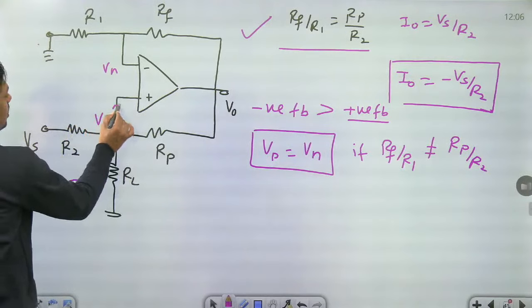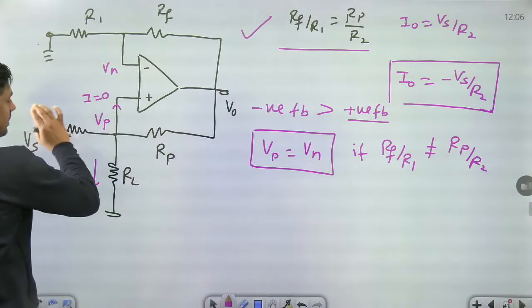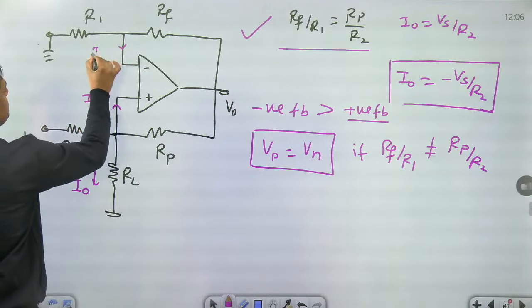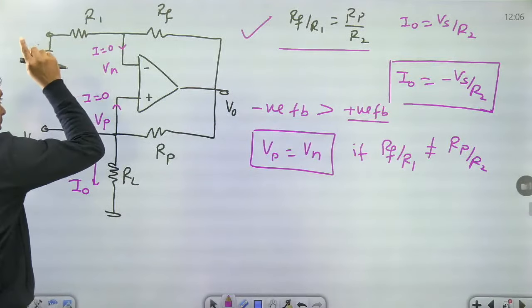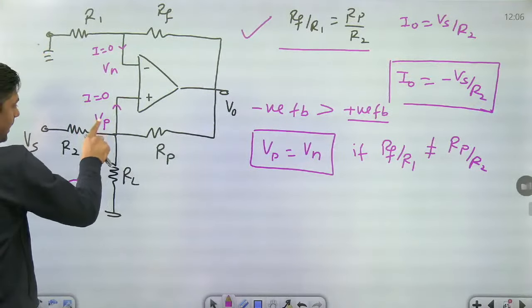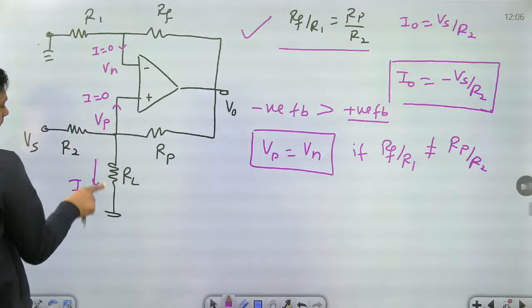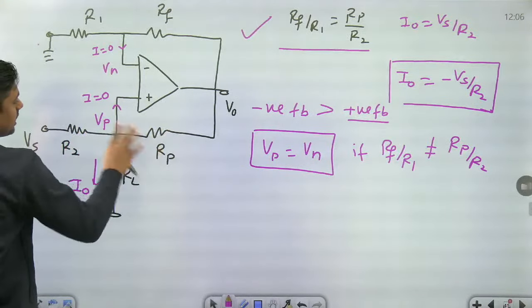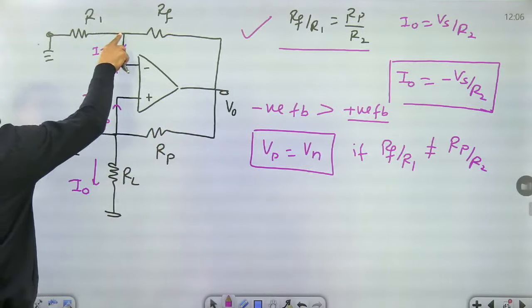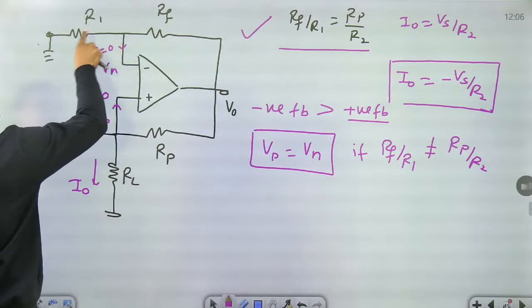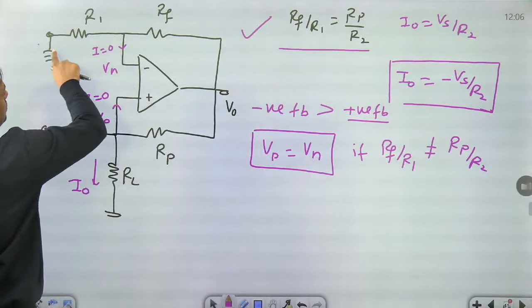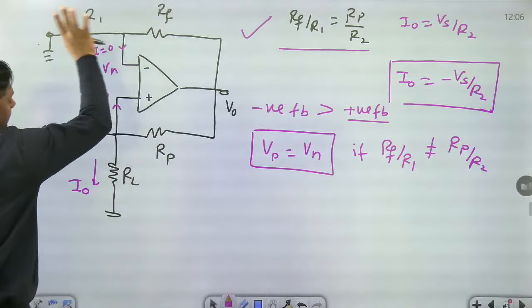Always remember, the current entering the operational amplifier is 0. Current entering this terminal is also 0. Now find Vp by applying KCL: Vp minus Vs by R2, Vp minus 0 by RL, Vp minus V0 by Rp. Then apply KCL at this point: Vp minus 0 by R1, Vn minus 0 by R1, Vn minus V0 by Rf.